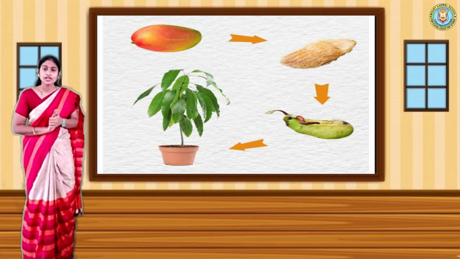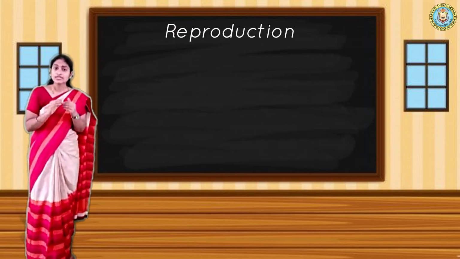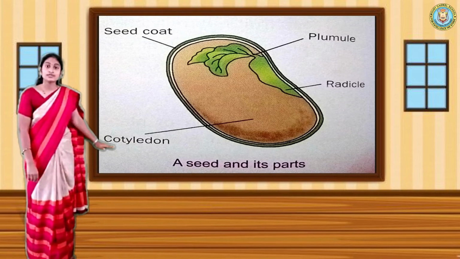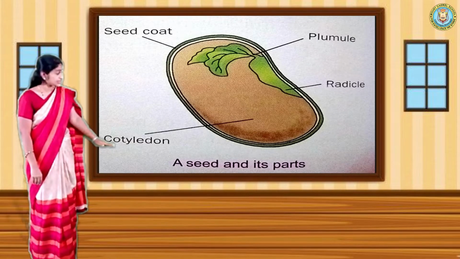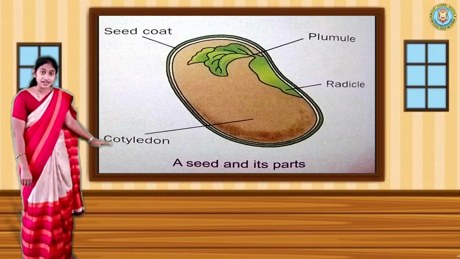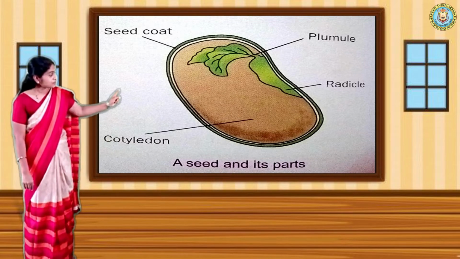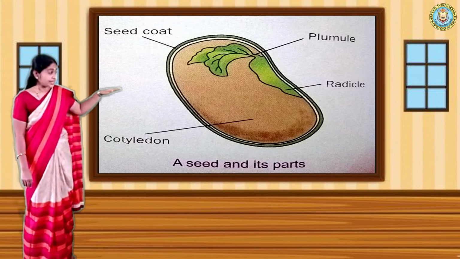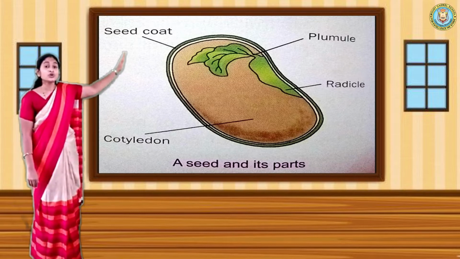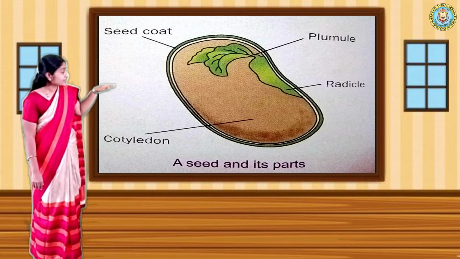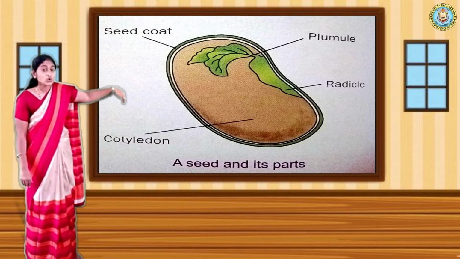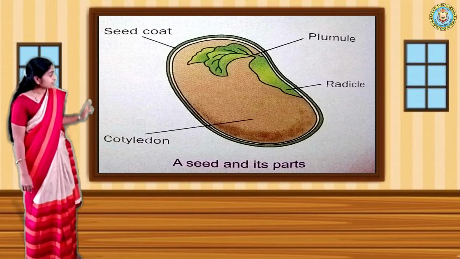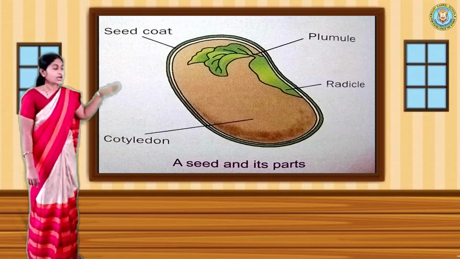But actually, we have to see what is inside a seed. Carefully observe this image. See here, this is a seed, and in that, this part is called plumule. After some days, it grows into leaves, and then the radicle goes deep into the soil as roots, and this is the seed coat which protects the seed.